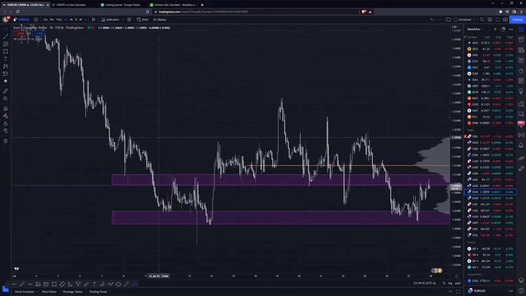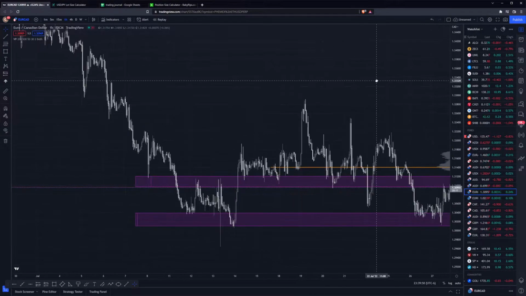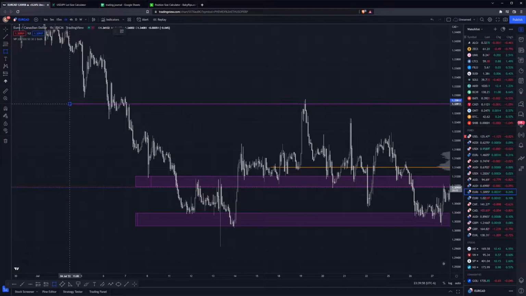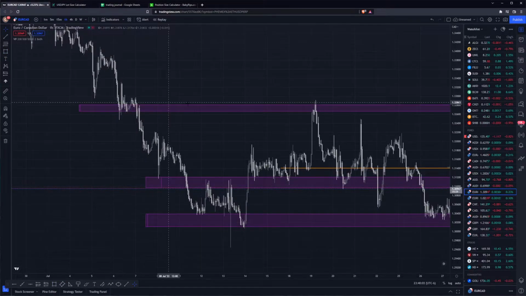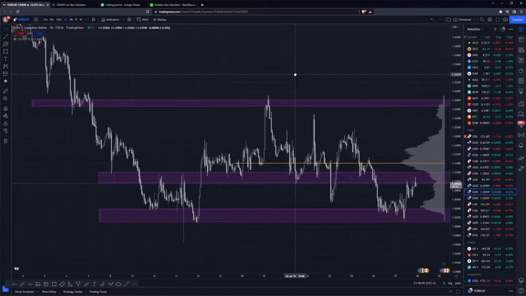So you can tell there's some sort of resistance here, but there's a lot of spiking going on as well. That's making the zone a little more difficult to discern. So let's say there's one here. I normally like to start with the very top, the highest and lowest points, and then work my way in to see if there are any other zones that make sense.